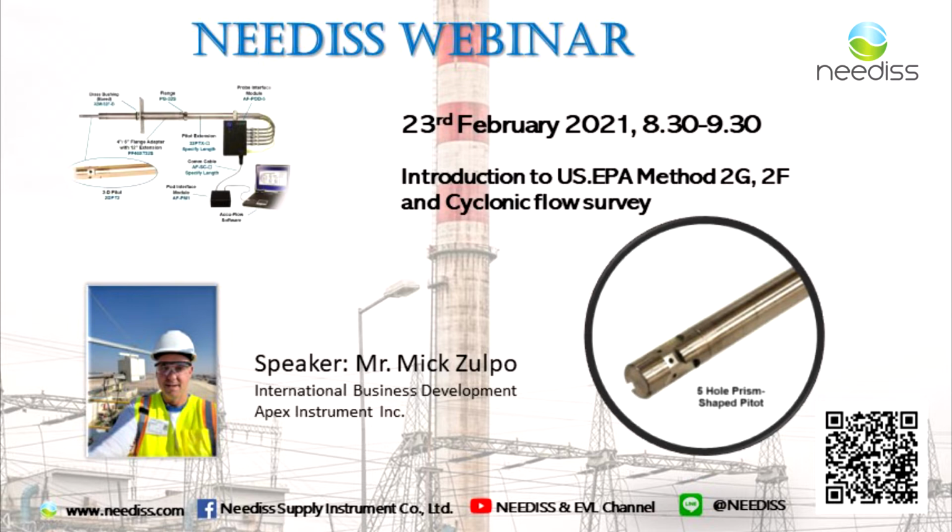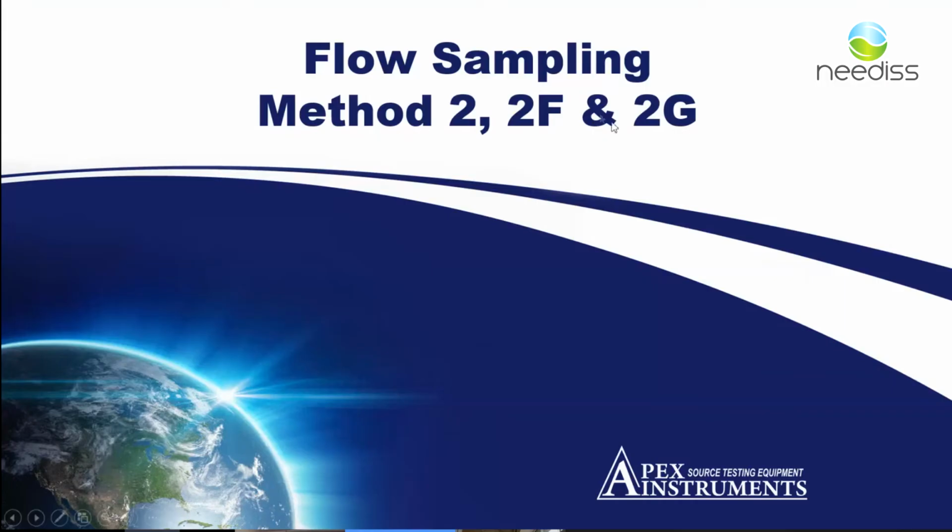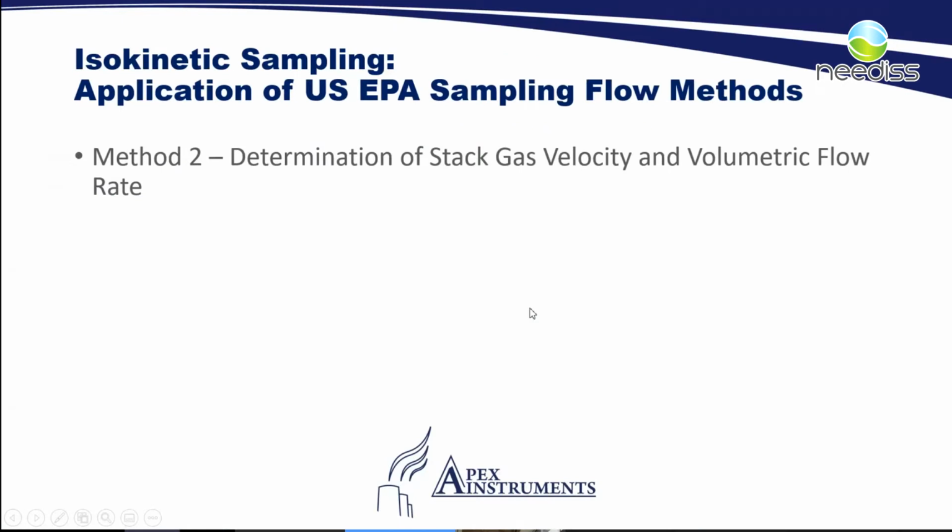So let's start off with looking at this. For everybody who is an experienced stack tester or has at least done some kind of stack testing per US EPA Method 5, you will know that to achieve Method 5, you need to perform methods 1, 2, 3, and 4 before you go ahead with your method 5 PM sampling.